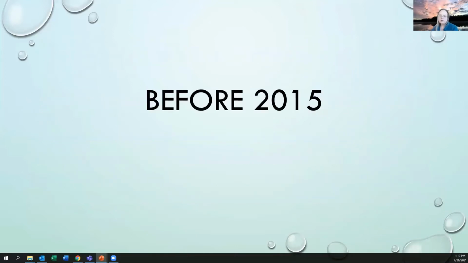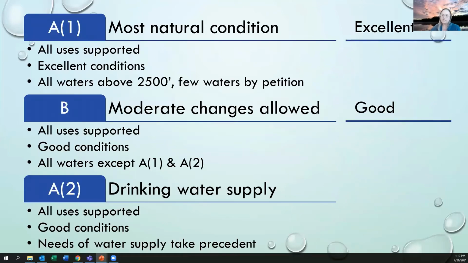This has all transitioned in the past half decade. Before 2015, we had three classifications. We had A1, B, and A2. I'm just going to get A2 out of the way because that's drinking water supply. If we use the river or Lake Champlain as drinking water supply, they are classified as A2s.